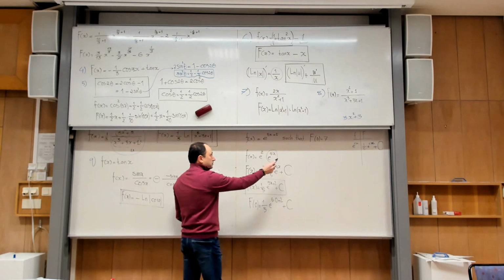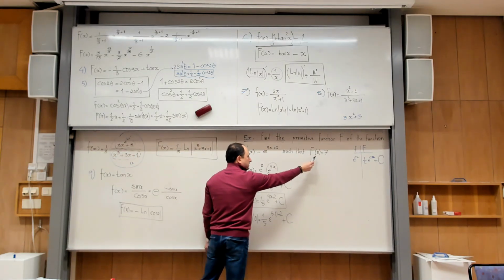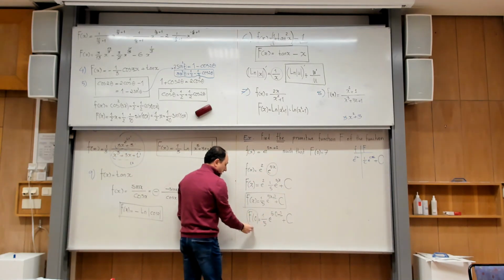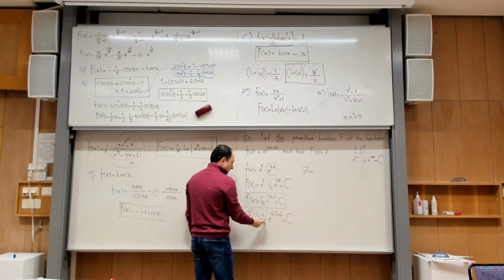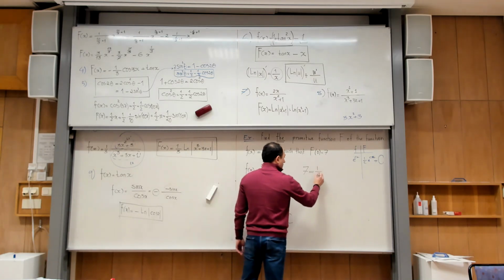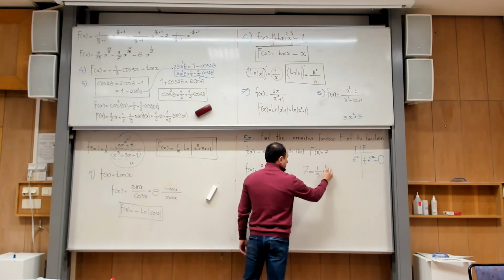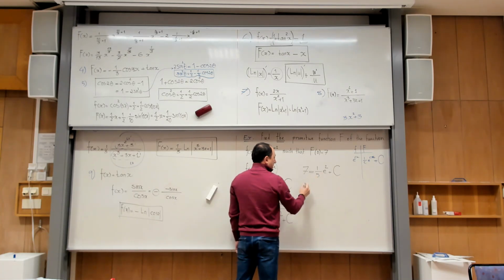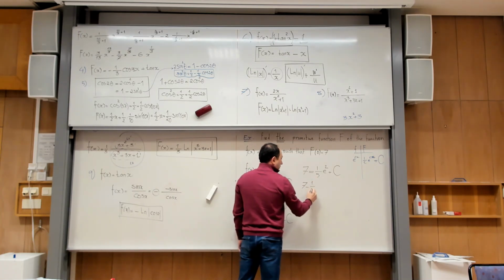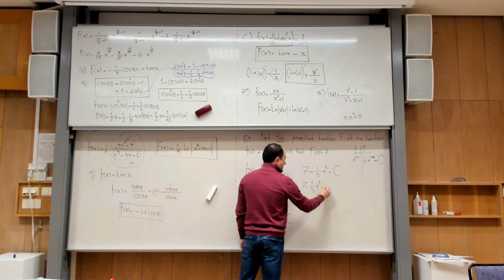But the problem has already given me f of 0 is 7. So instead of this, I put 7 equal to 1 over 5, 5 times 0 is just 0, e to the power of 2, so it becomes 1 over 5 e to the power of 2 plus my constant c. And then I am supposed to find c. So I move this to the left: 7 minus 1 over 5 e squared is my c.